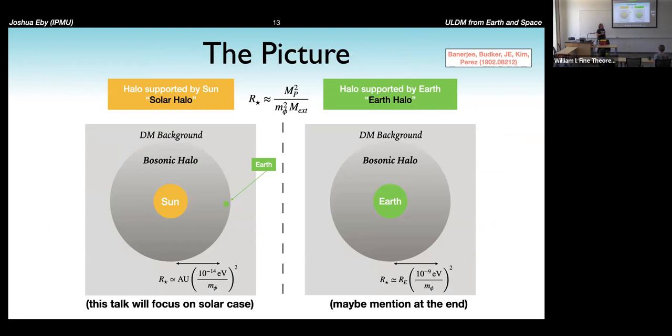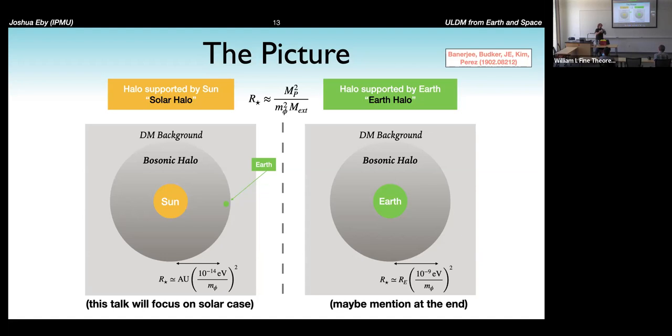And what's neat about this is that it's very predictive in terms of what is the interesting mass range for each object. So for example, if you want to detect this solar halo from the position of the Earth, you need the size of the solar halo to be at least an AU. This fixes a specific range of masses larger than about 10^-14 eV.